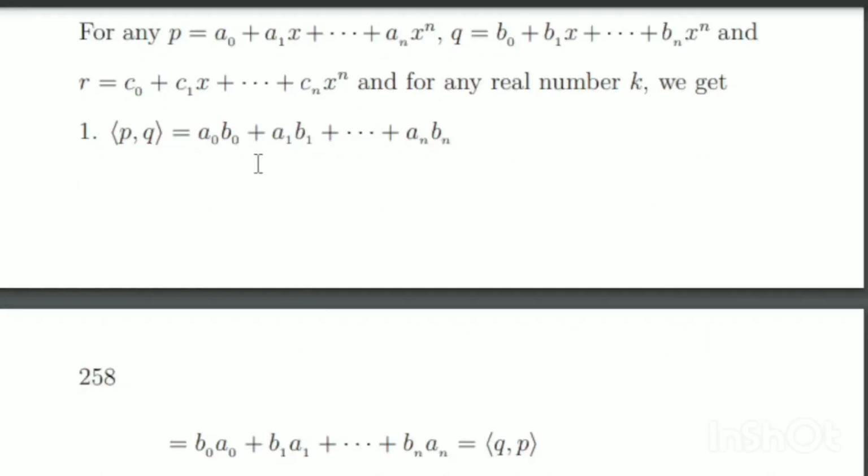Now we have to check whether it is an inner product or not. For polynomials P and Q, we can take another element R equal to c0 plus c1 x plus etc. plus cn x raised to n, and any real number k. Inner product of P, Q equals a0 b0 plus a1 b1 plus etc. plus an bn.